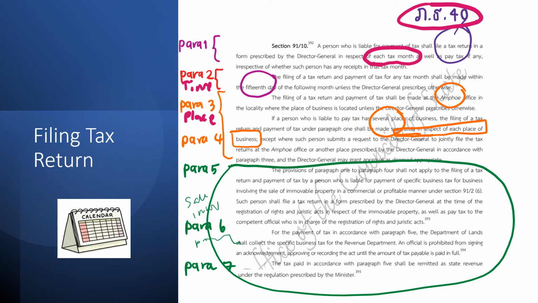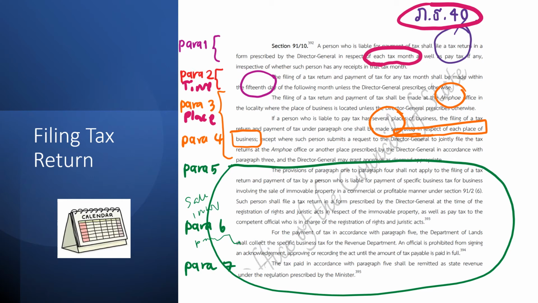And the second paragraph gives you the due date or timing. You need to do this within 15 days of the following month. And paragraphs 3 and 4 tell you about the place where you need to submit the tax return, which depends on the area where your business is located.